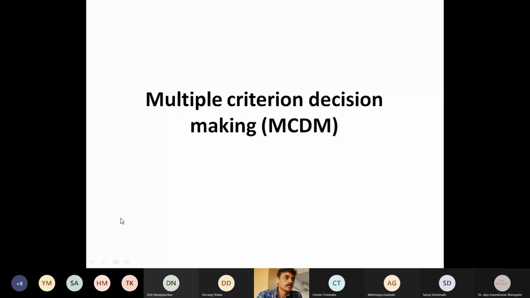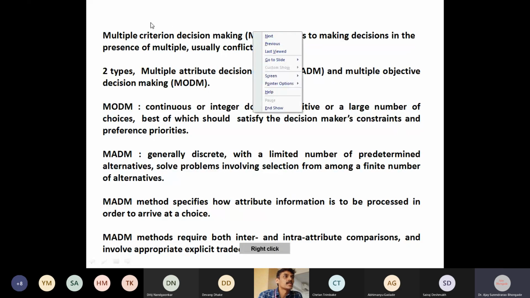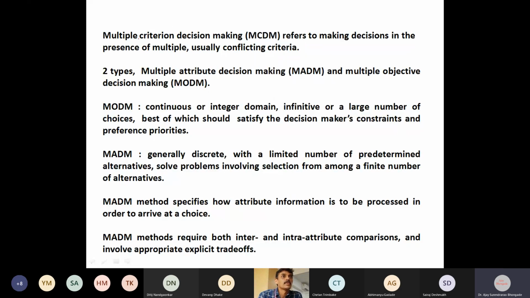So multiple criteria decision making, what is it in a general sense? It refers to making decisions in the presence of multiple, usually conflicting criteria.